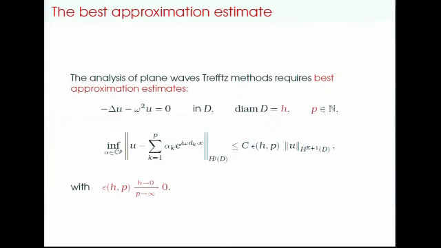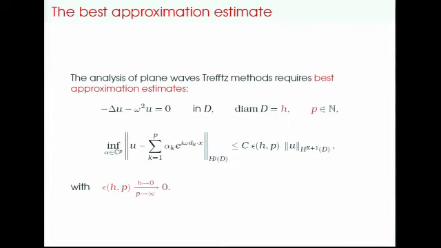And usually we are using polynomial bases, so we can use Bramble-Hilbert in H or many other results. If you want to use, for instance, plane waves, we don't have all these nice results available. We have to prove something a bit new.